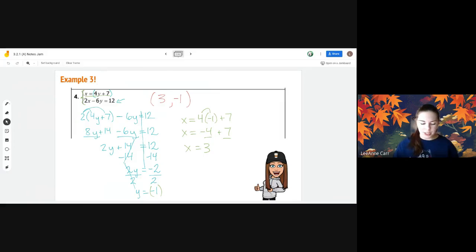Now, if you're curious as to whether or not we could have picked the other equation, let's test it out real quick. Instead of doing this, I could have chosen that second equation to plug y into. We would have gotten the same thing. In that case, we would have had 2x minus 6 times -1 equals 12. Again, I'm just doing this if you didn't trust me that we could pick either equation. And I'd get 2x plus 6 equals 12.